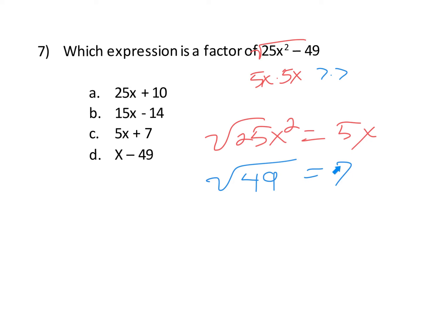So these are your two terms, and you're going to end up adding them one time and subtracting them one time in order to factor the difference of two squares. So what we have here is 5x plus 7 and 5x minus 7. All right, so one of the factors is the 5x plus 7.